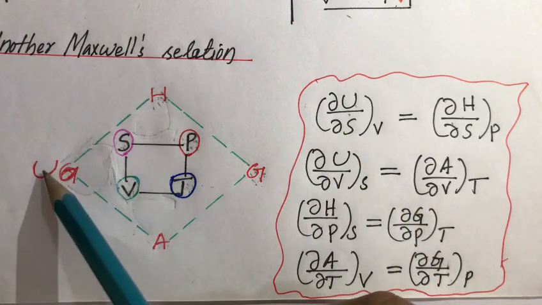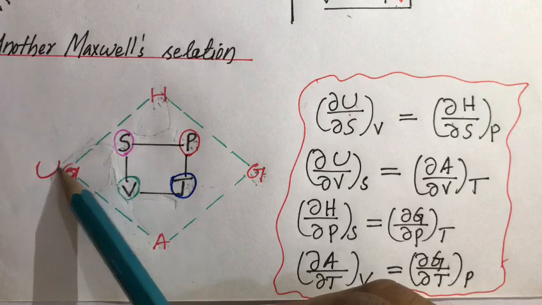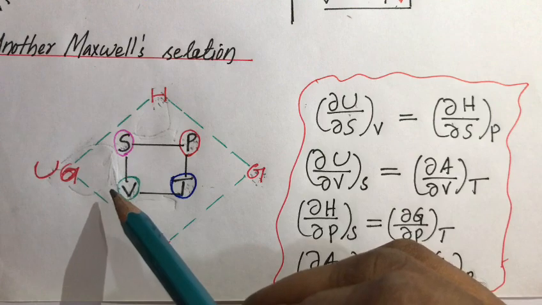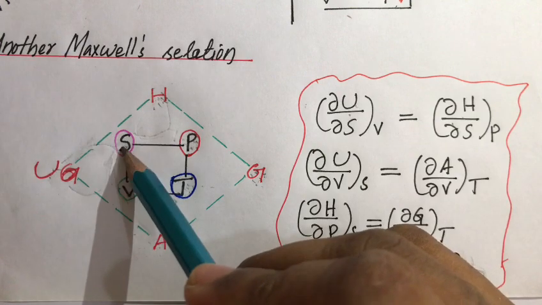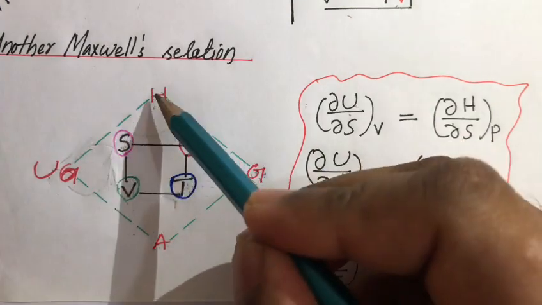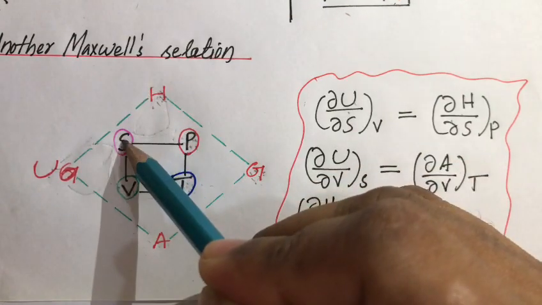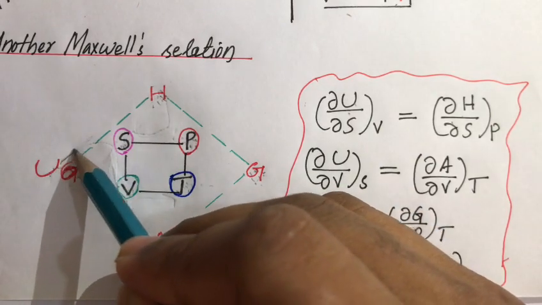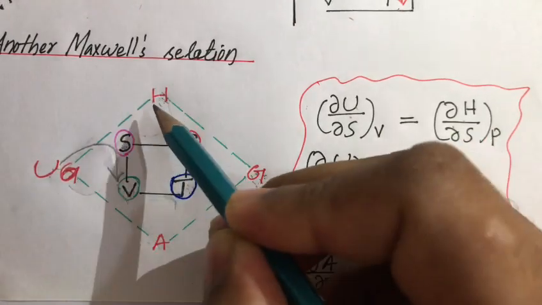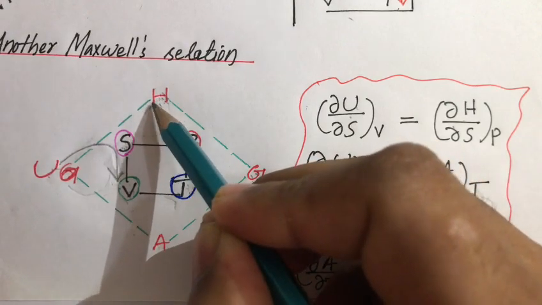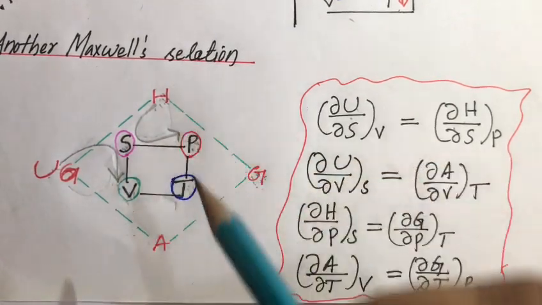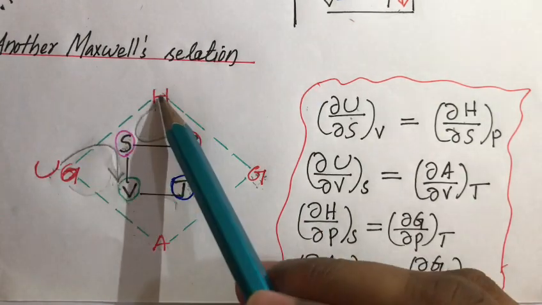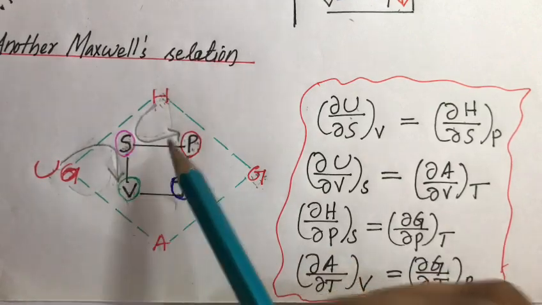That is, dou U by dou S at constant V, which is related to the S corner, is equal to dou H by dou S at constant P. So it is just like this: dou U by dou S at constant V, then dou H by dou S at constant P. That corner is related to H and U, and each thermodynamic function is related to its own variables.